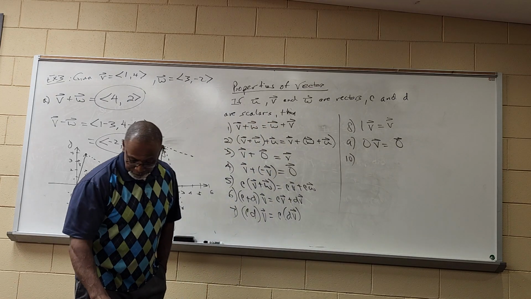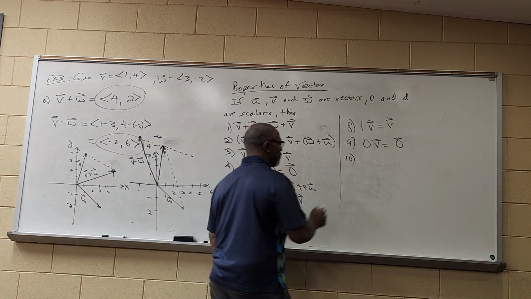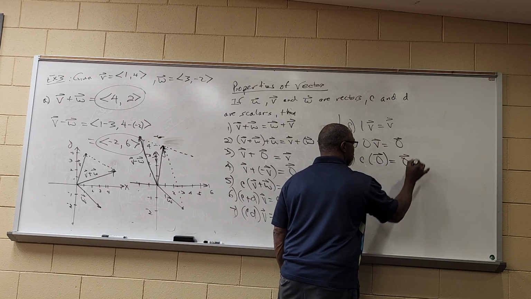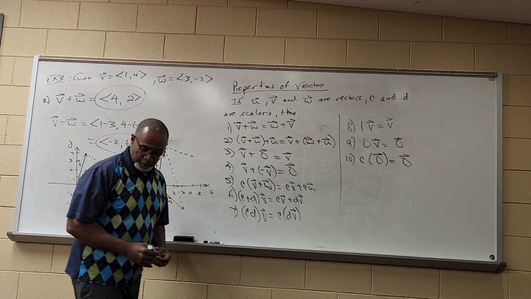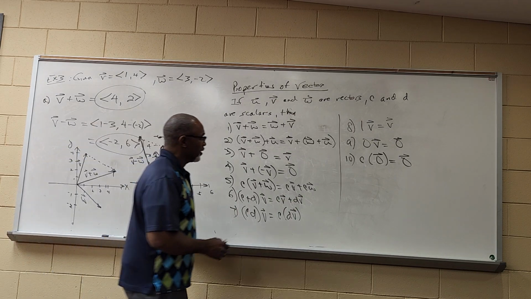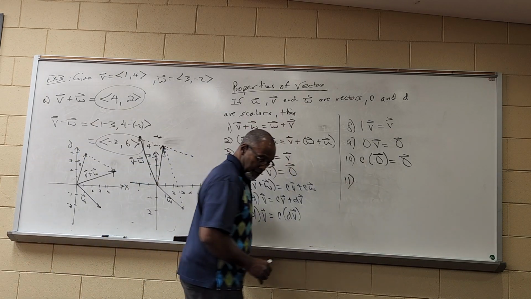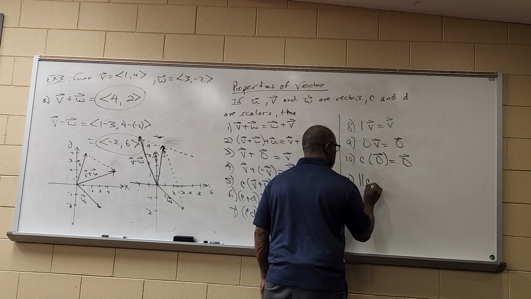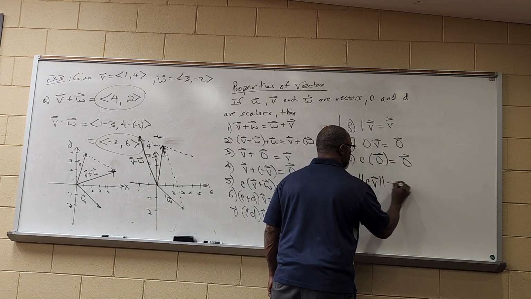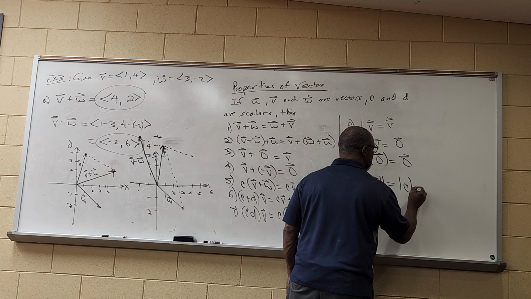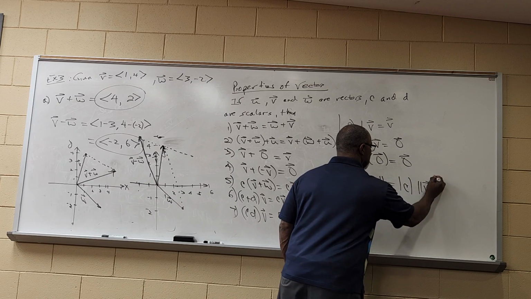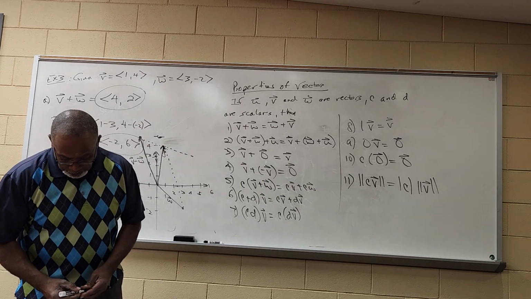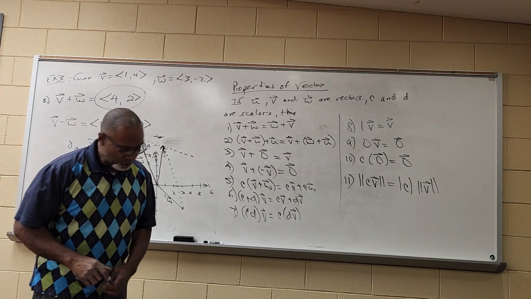Number 10, C times the zero vector is equal to the zero vector. Those are my properties. And number 11, finally, they say that the length of C times V is equal to the absolute value of C times the length of V. Those are the properties.